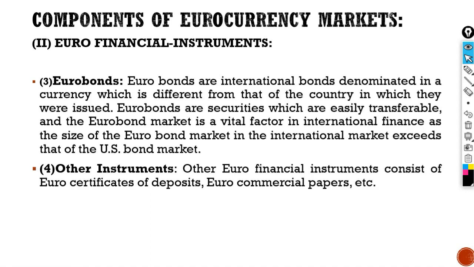So Eurobonds play a very important role in the euro currency market. And lastly, the other euro financial instruments consist of euro certificates of deposit, euro commercial papers, etc.